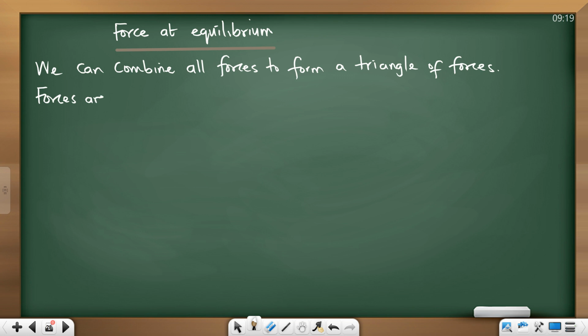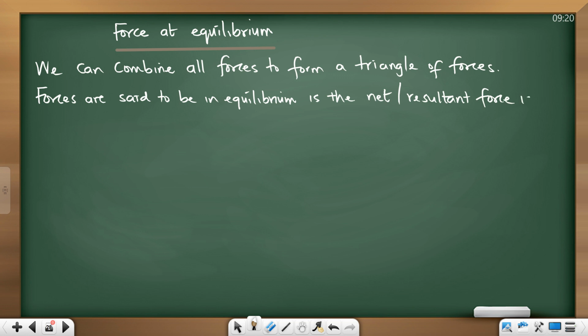Forces are said to be in equilibrium. Take note of that language. If the net or resultant force is equal to 0.